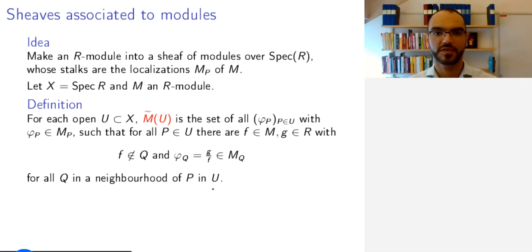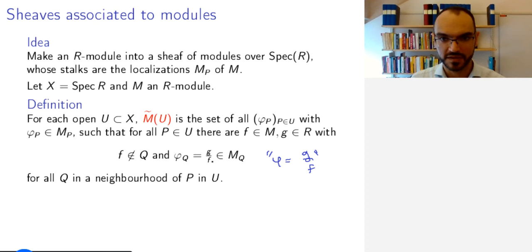So let's take a moment to see what this is. This is analogous indeed to the definition of the structure sheaf, but now instead of taking things in R, we take them in M. So this condition says that phi is equal to g divided by f in a neighborhood of p.